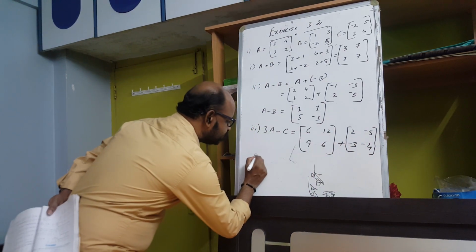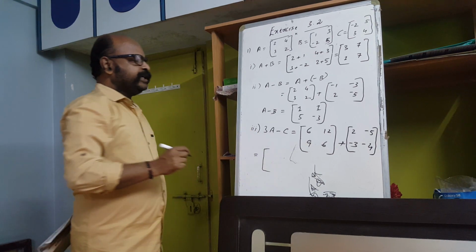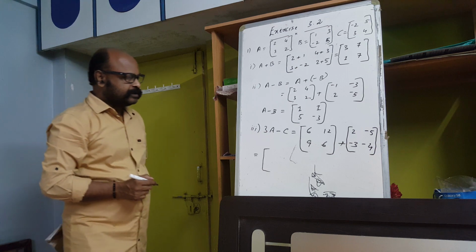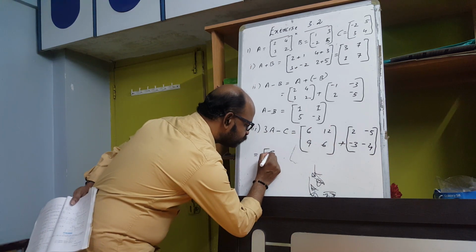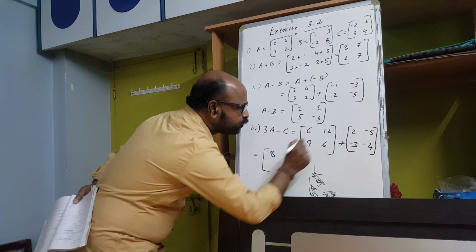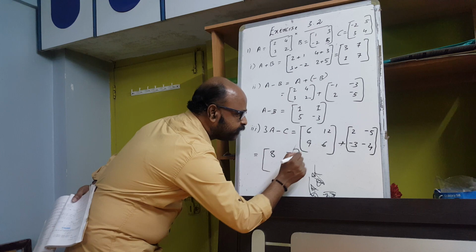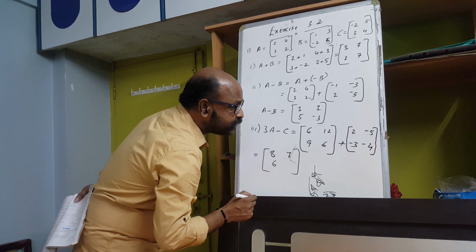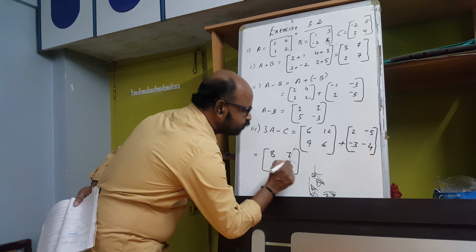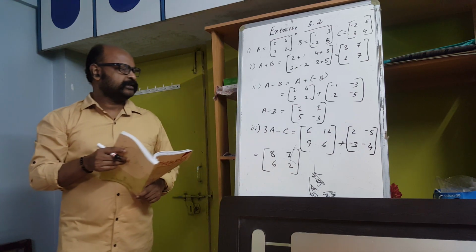Thereafter it comes as the addition of these two matrices. Adding the corresponding elements: 6 plus 2, 8, 12 plus minus 5, that is 7, 9 plus minus 3, that is 6, then 6 plus minus 4, that is 2. So this is 3A minus C.